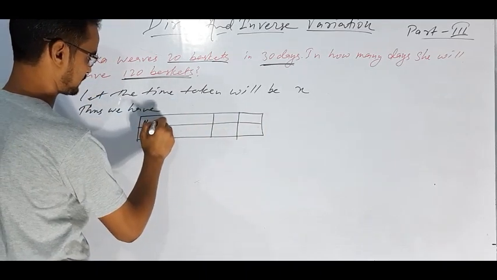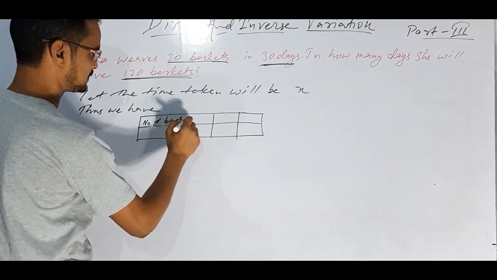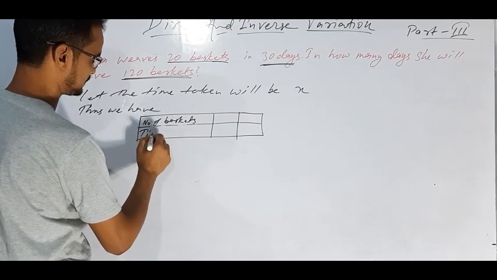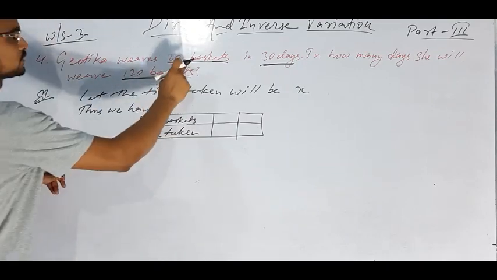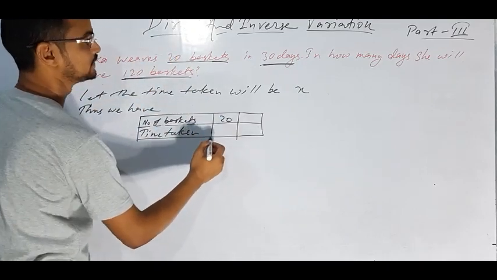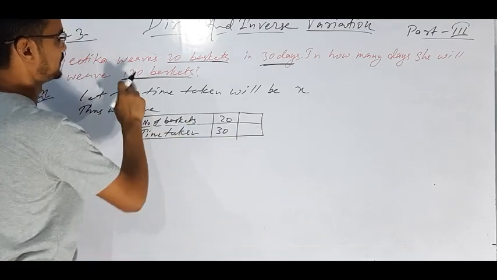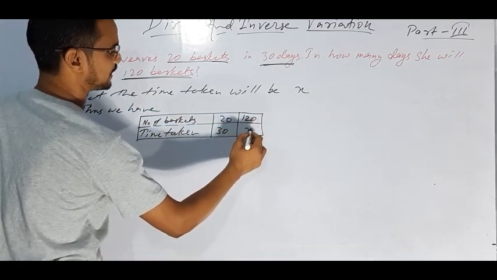Number of baskets and time taken. What is the number of baskets? 20 baskets in 30 days, 120 baskets in x days.